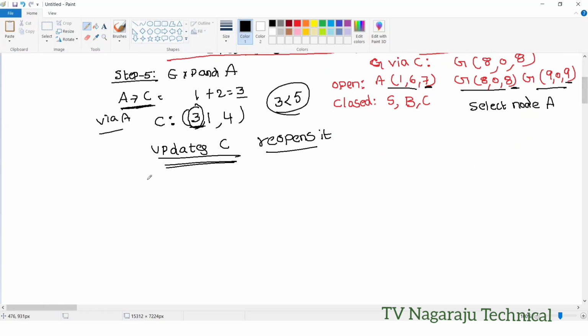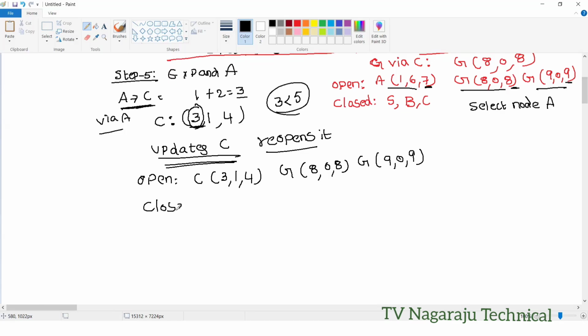Now my open consists of C with the value 3, 1, 4 and G with the value 8, 0, 8, one more G with the value 9, 0, 9, and my closed consists of S, B, C. This is the old C. Even though this is available here, practically this is moved to open.